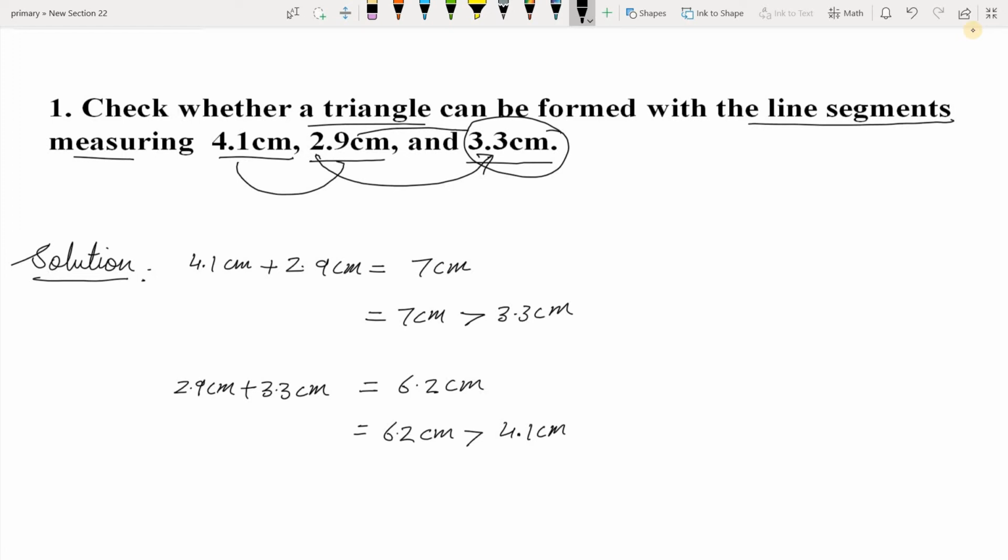Now let us add 4.1 cm and 3.3 cm. So here 4.1 cm plus 3.3 cm is equal to 7.4 cm, and we know that 7.4 cm is greater than 2.9 cm.